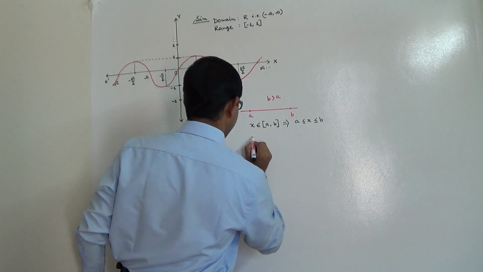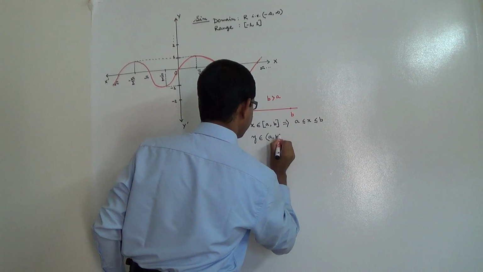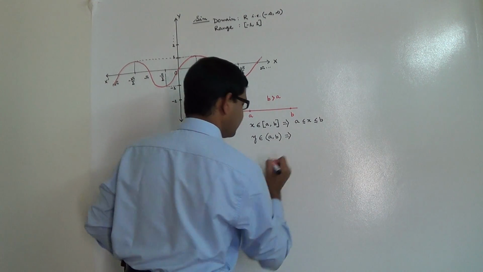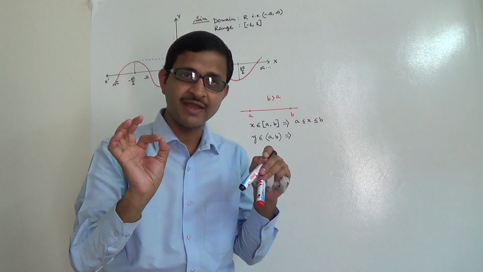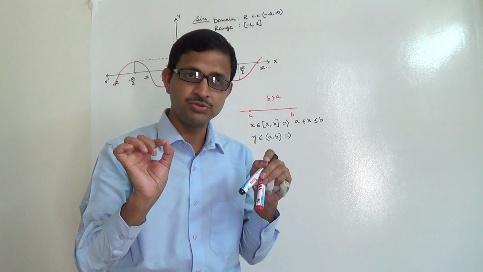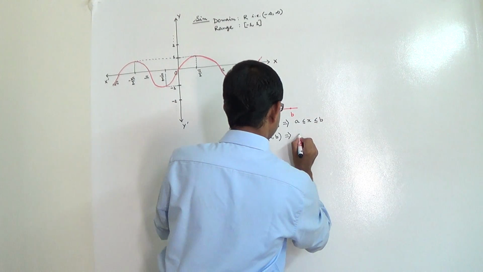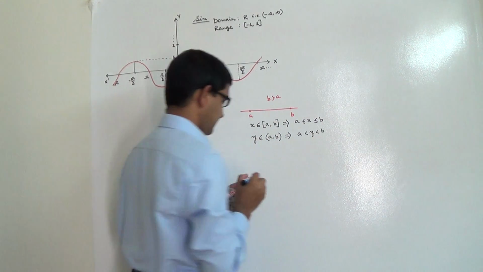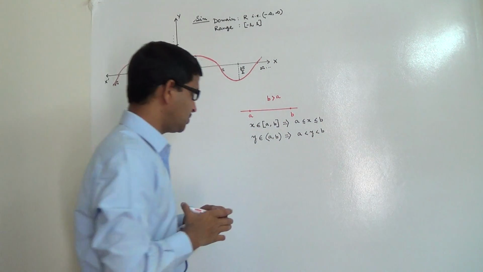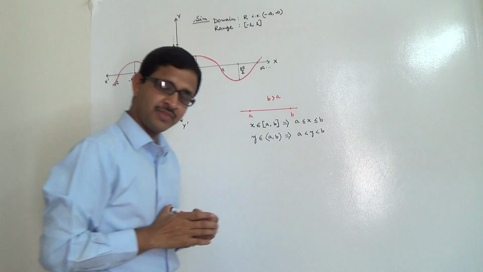Now, if I say the other way that Y belongs to the open interval A and B, that means any value between A and B excluding A and B. A and B should not be included in the open interval. So this implies A less than Y less than B. Please note that it is less than, not less than equal to, here. Correct?